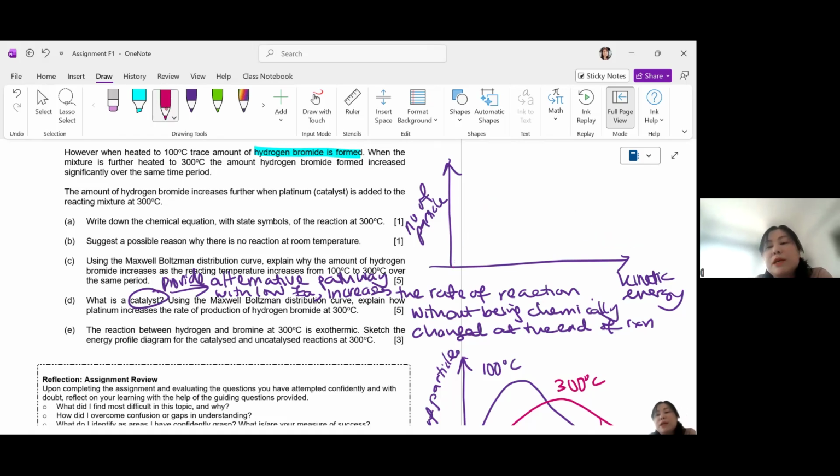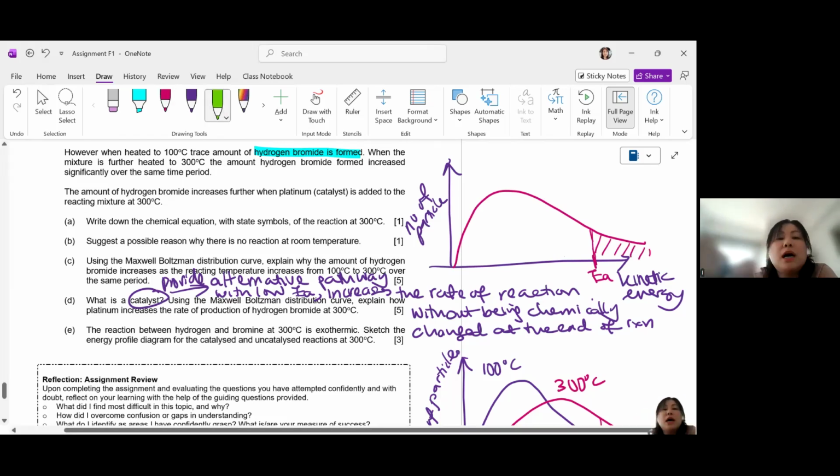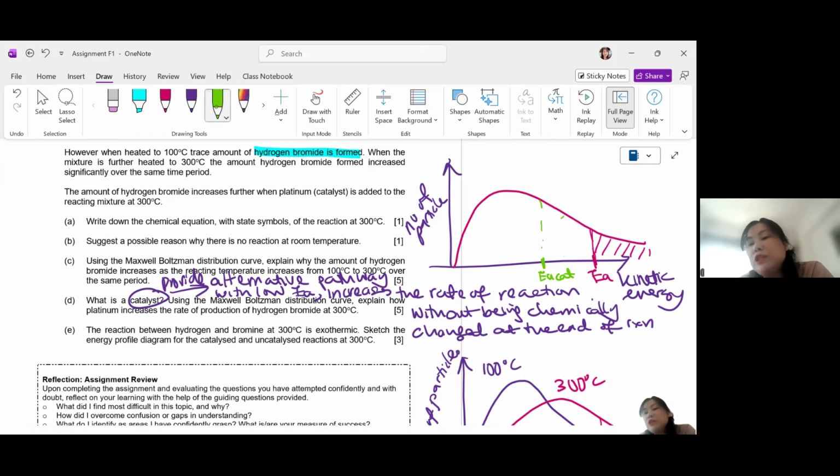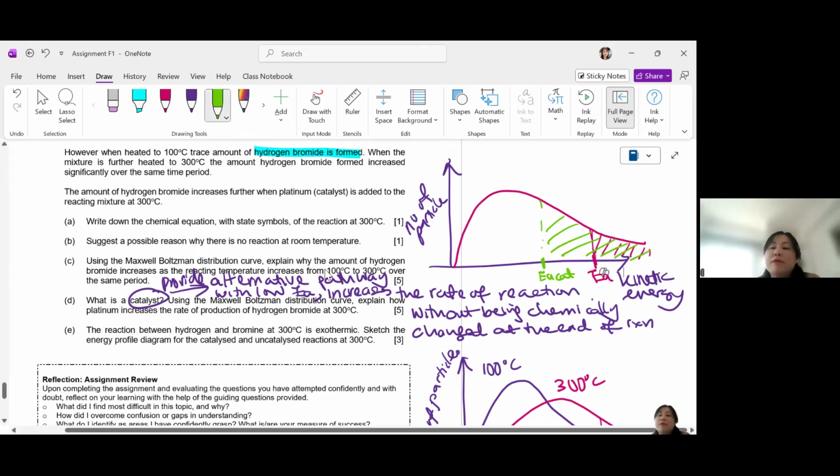It will be one Maxwell-Boltzmann curve with an original activation energy, and the area under it, and a lowered activation energy due to the effect of the catalyst. So EA cat will be lower in value than EA, and as a result of the lowering of the activation energy, we are seeing a greater shaded area under the graph, right?